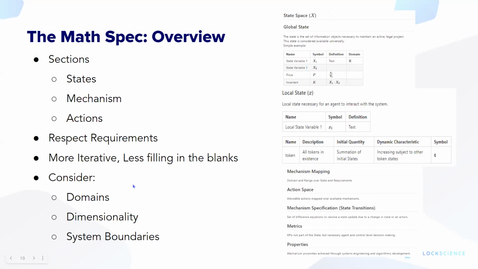At that first pass, you're really just thinking about those system ideas and the domains and the dimensionality of your state. Is this just a number, or some matrix, or the set of all wallet addresses, etc.? Those are the sorts of things to keep in mind.